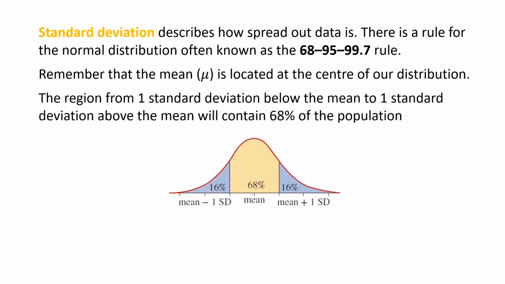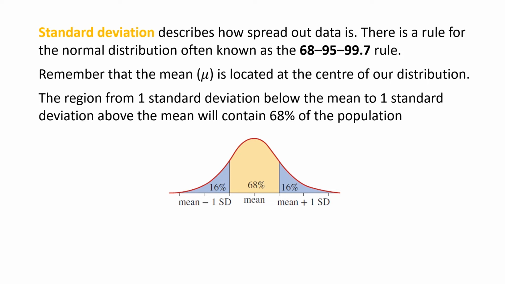If I go one standard deviation above and one standard deviation below the mean, I get an area in the center. Now that area in the center, that is one standard deviation either above or below the mean, will contain 68% of all my results. So if we have a population of scores, 68% of those scores will fall within one standard deviation above or below the mean.